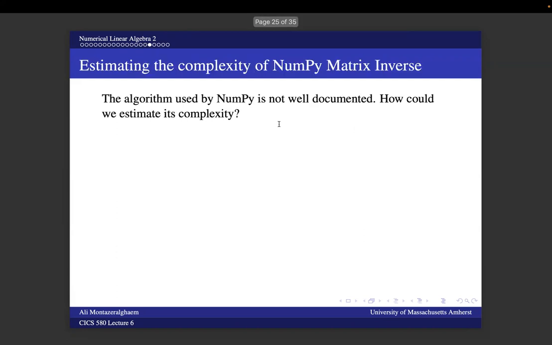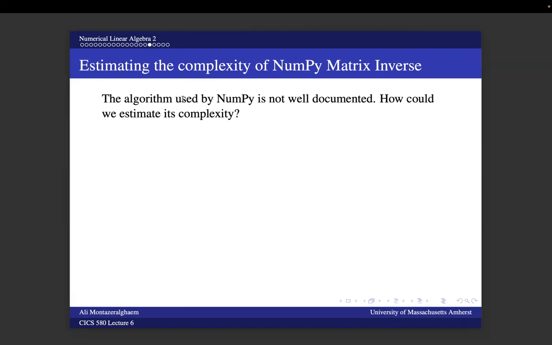But because we are working with NumPy in this course, we need to know what the complexity of NumPy is for finding the inverse of the matrix.